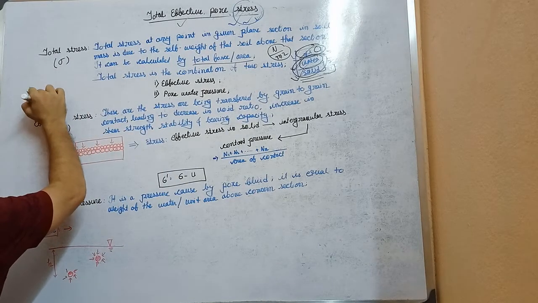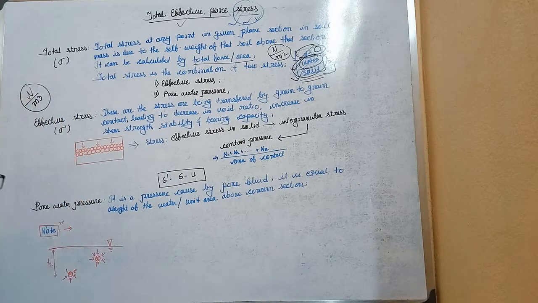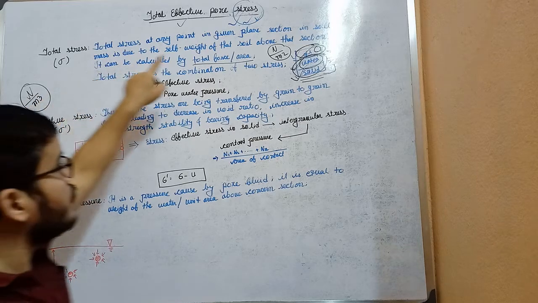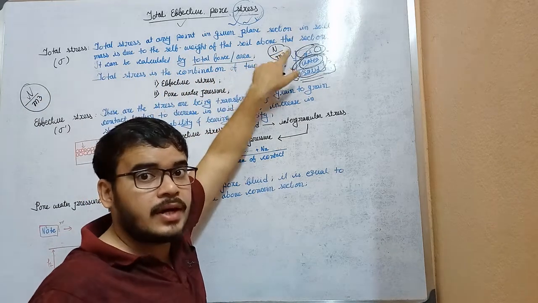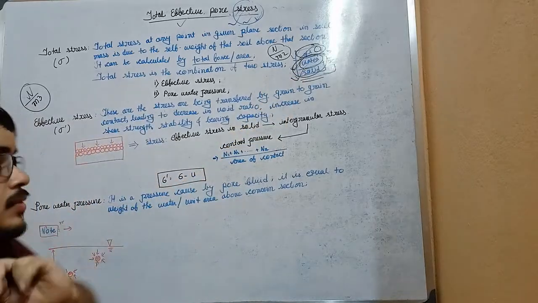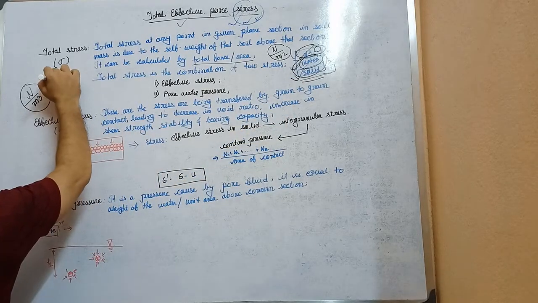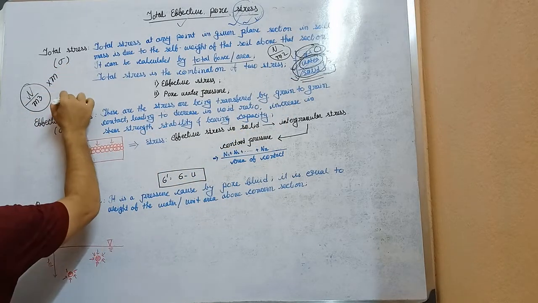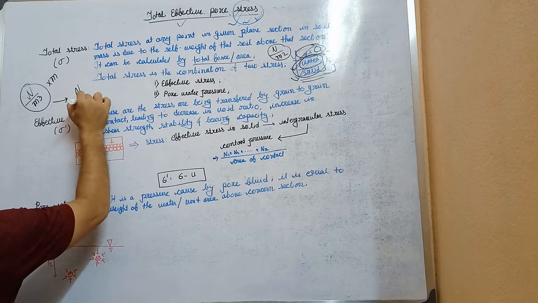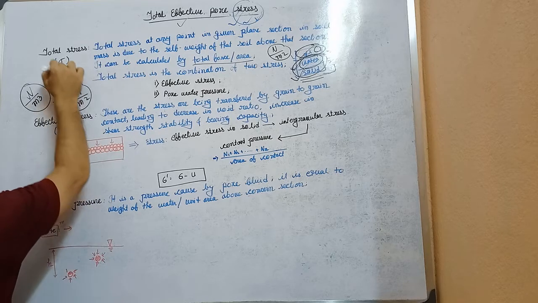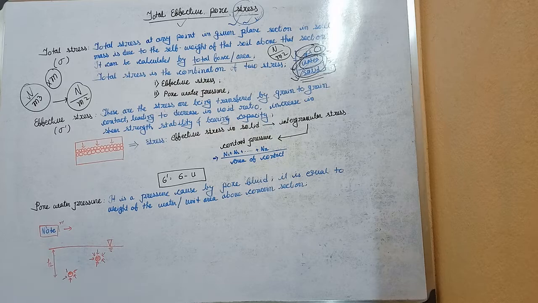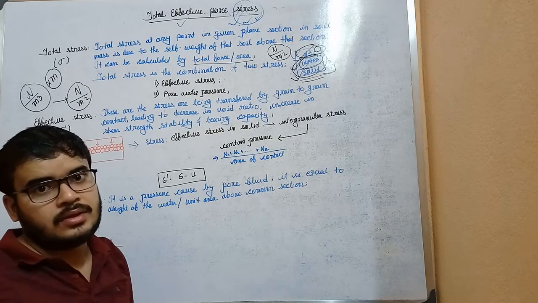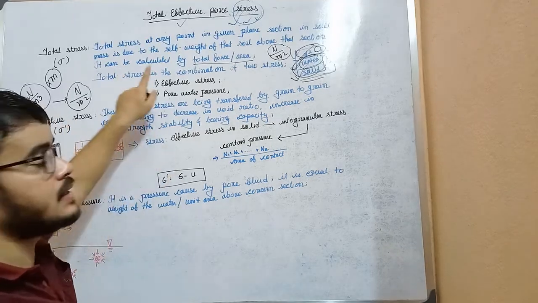Newton per meter cube. And the unit of stress is Newton per meter square. Now if we multiply it by meter, then we will get the stress, Newton per meter square. So what is this length in meters? This is actually the height of the soil above the concerned section.